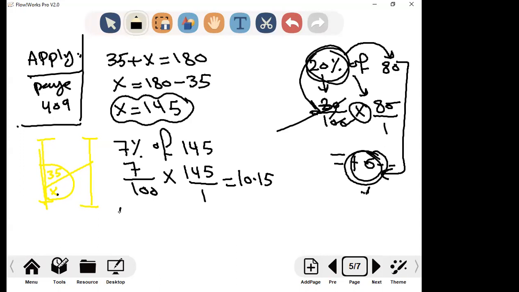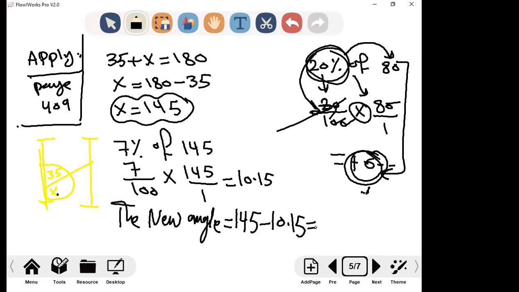The new angle equals 145 minus the 7% we calculated, which is 10.15. 145 minus 10.15 is 134.85 degrees. This is the new angle.